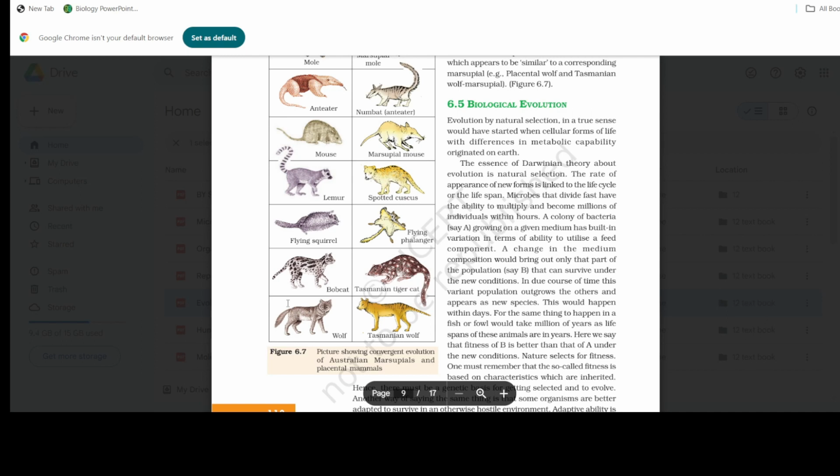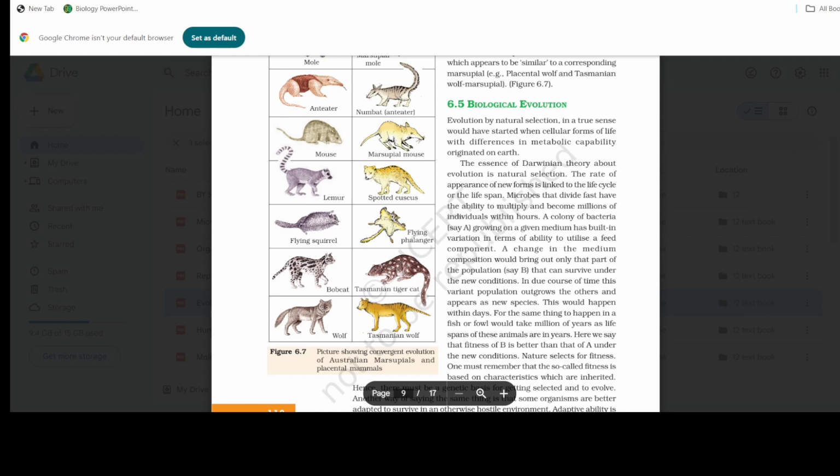That is, different placental mammals living in different areas have converged to an area and adapted to that area like the marsupials. So that is called convergent evolution.